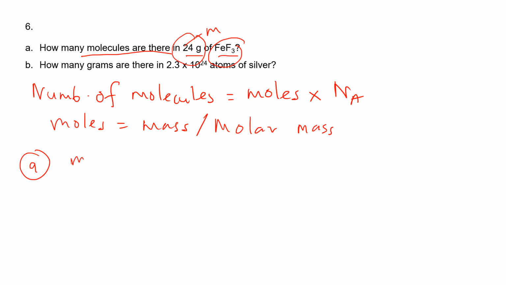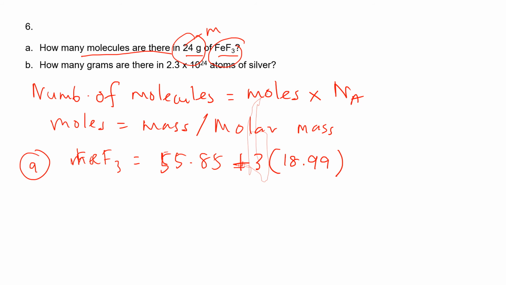So molar mass for FeF3 equals, atomic mass for Fe is 55.85, plus 3 times 18.99. So you will get 112.82.